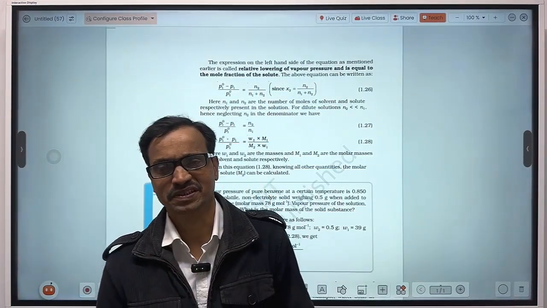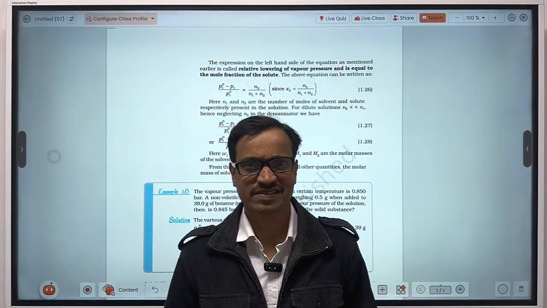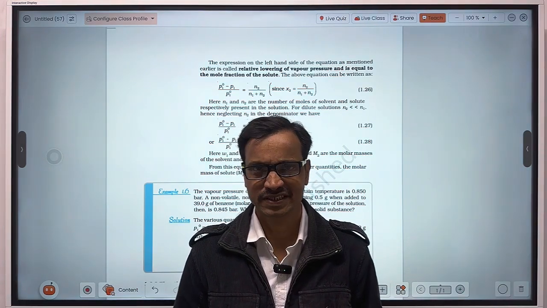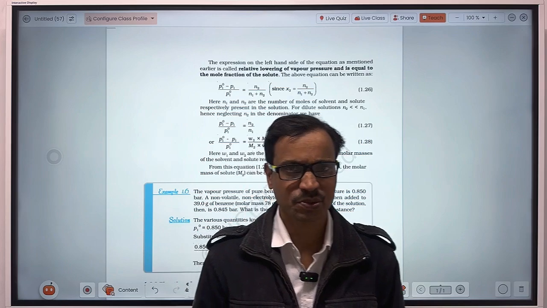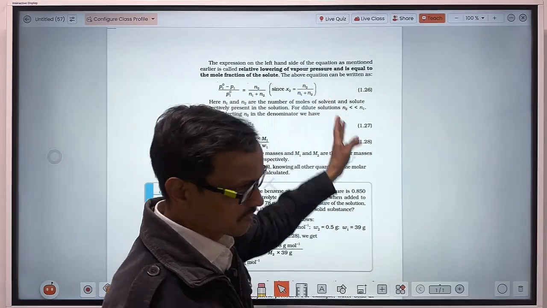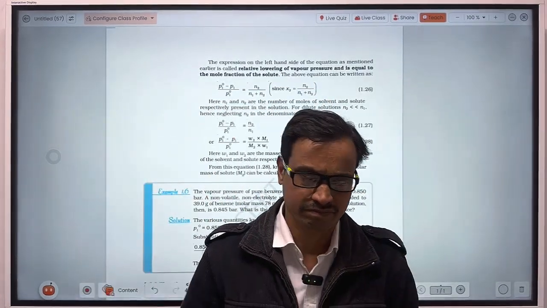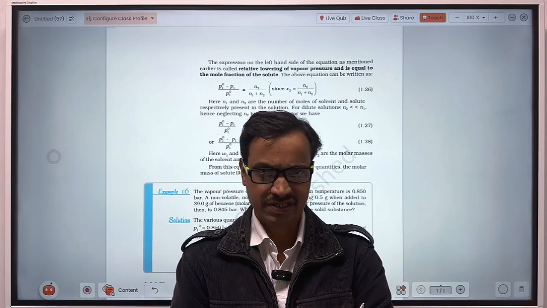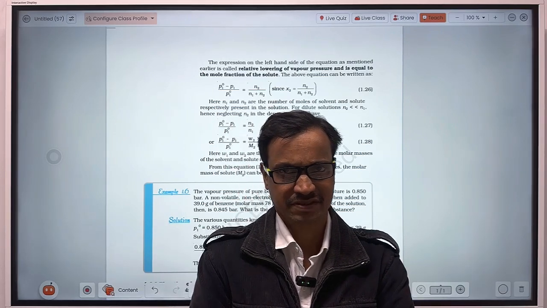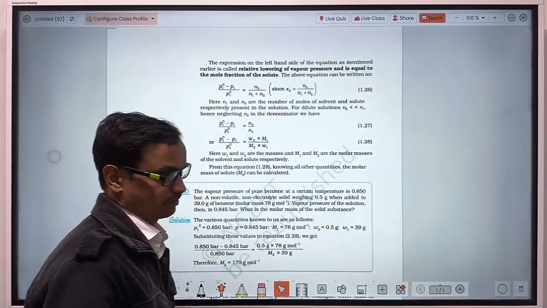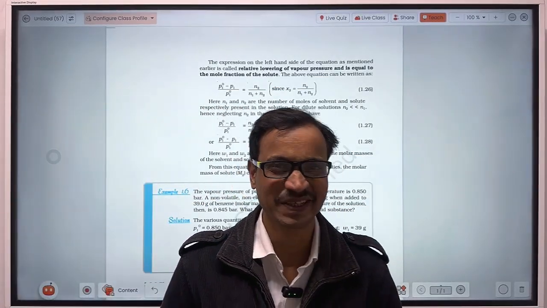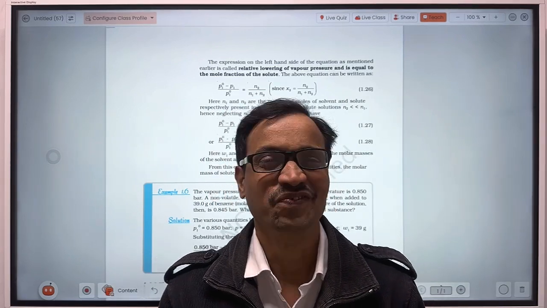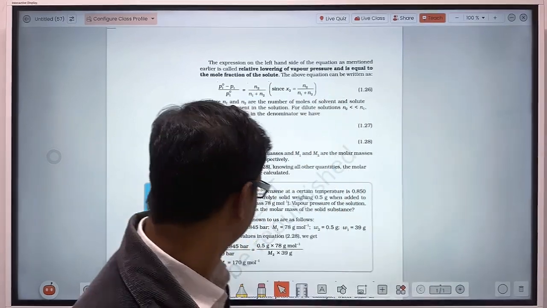But if you are also thinking about IIT Mains, IIT Advanced and the NEET examination, then you should also understand the derivation, how this has come about. But if you try to mug it up, that will be worthless. So don't waste your energy on something which will not give you the result.